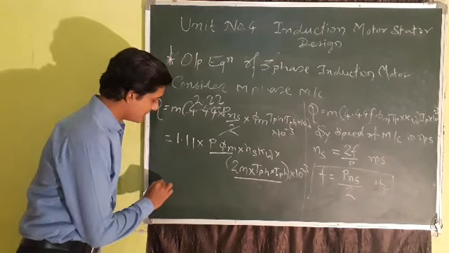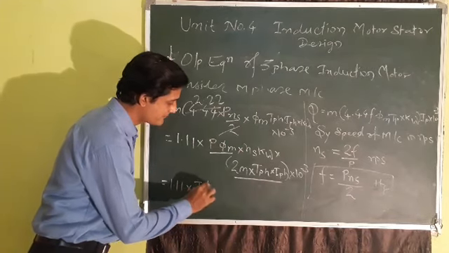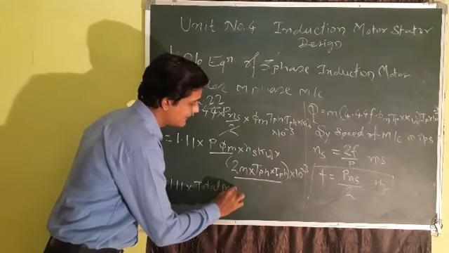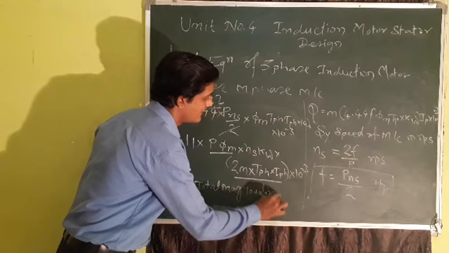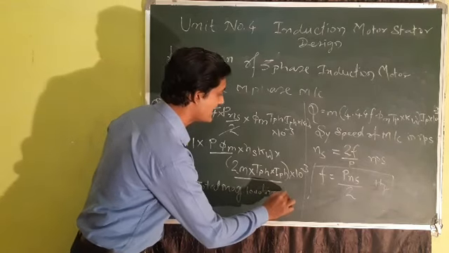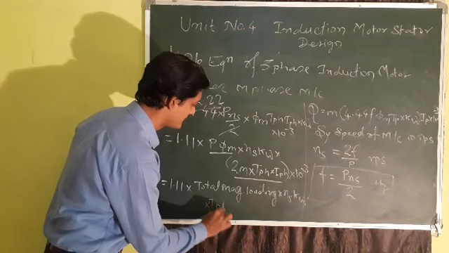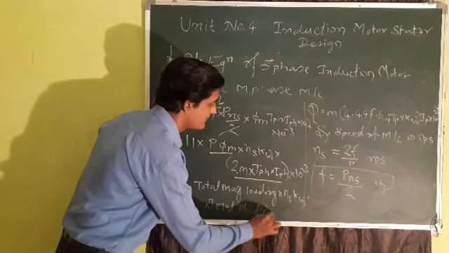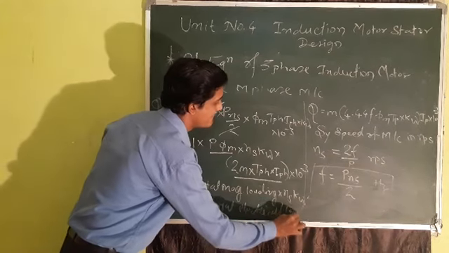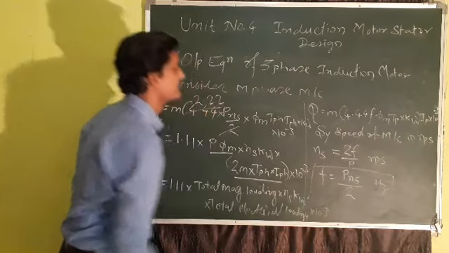So it may be written as 1.11 into total magnetic loading into Ns into Kw into total electrical loading into 10 raised to power minus 3.